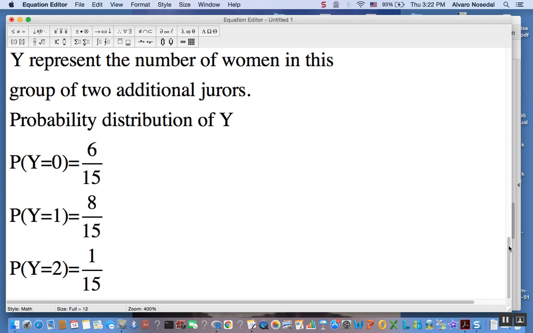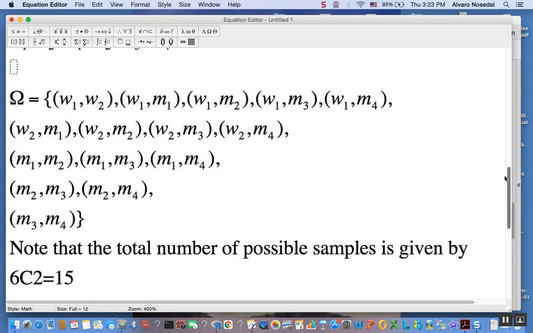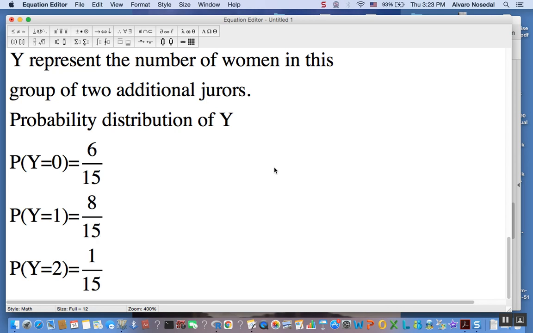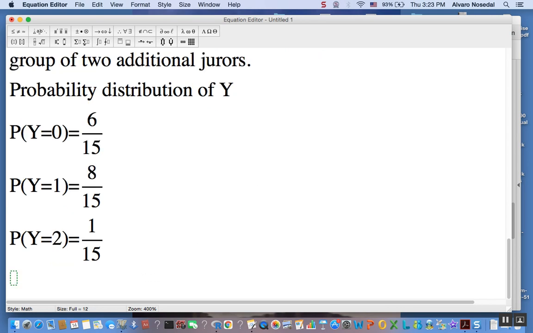Or we could count, and if we counted, we would realize that yes, we have 8 cases where we have exactly 1 woman included, right? So if we count, it would be 1, 2, 3, 4, and these 4 cases, 8, right? So it makes sense. Okay, so now we have the probability distribution. That's one way of finding that probability distribution.